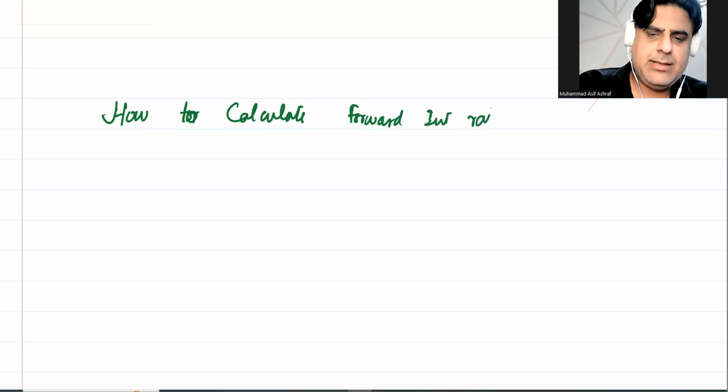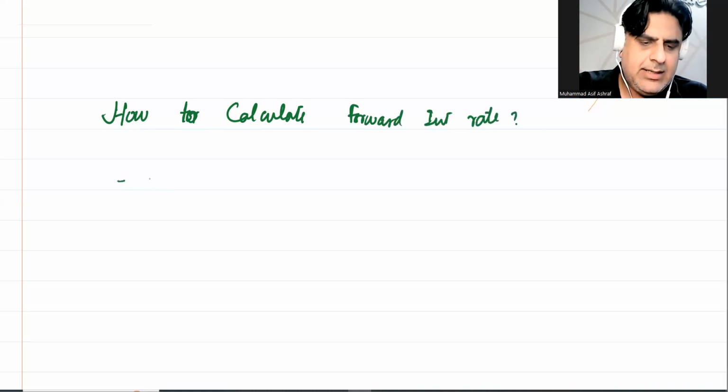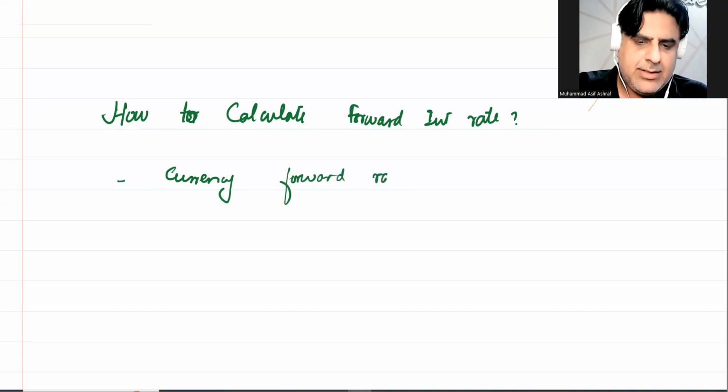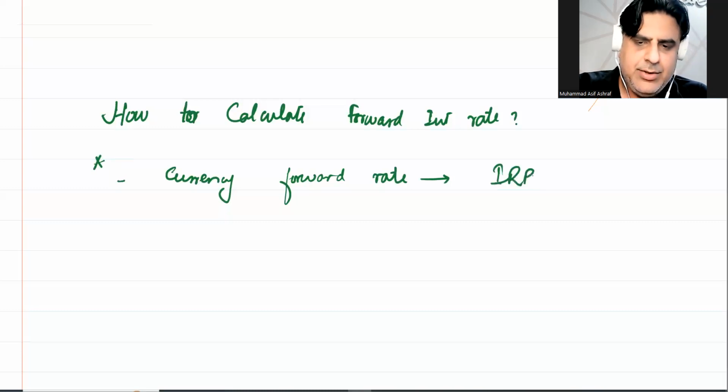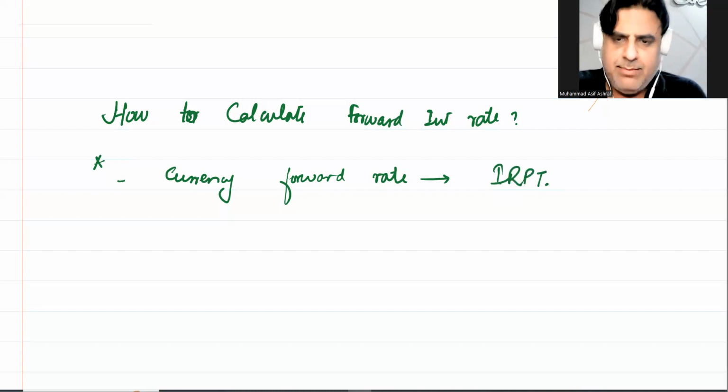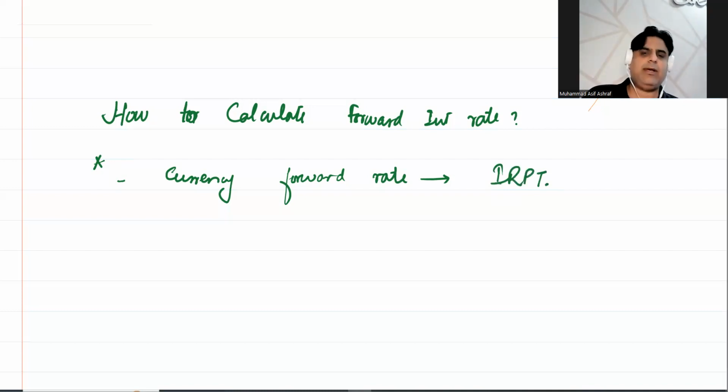Students often perceive that this is just like the currency forward rate. So if I ask you how to calculate the currency forward rate, the formula is very simple. You are going to use IRPT, interest rate parity theory.